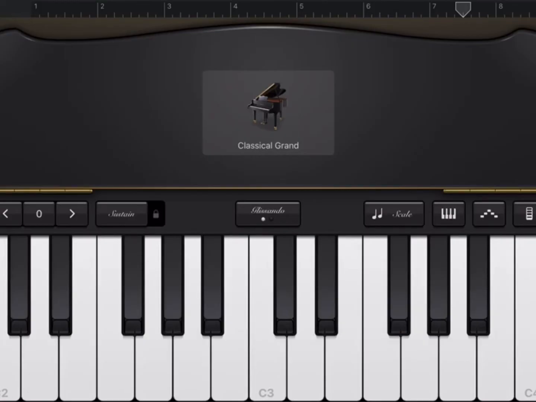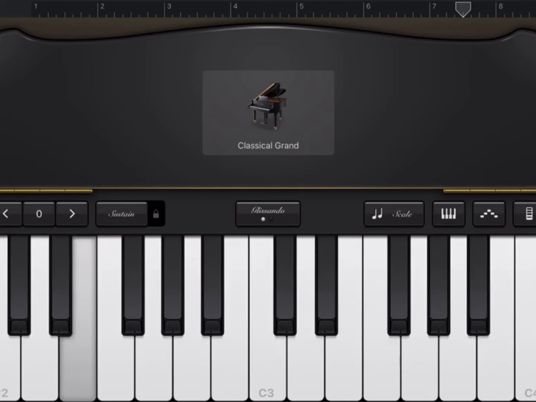Here are some examples of major triad. Our first example is the A major triad. Let's play it. Here is our major third, followed by a minor third. Our next example is an E major triad.